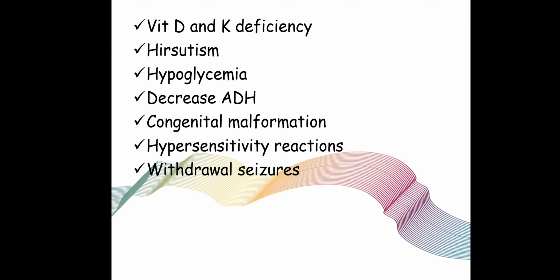But the important thing is they are not absolutely contraindicated. Why not absolutely? Because suppose the mother has epilepsy and, with the fear of congenital malformation, we do not give an anti-epileptic drug. Now if an episode of epilepsy comes during pregnancy, it will anyhow be fatal to the fetus.